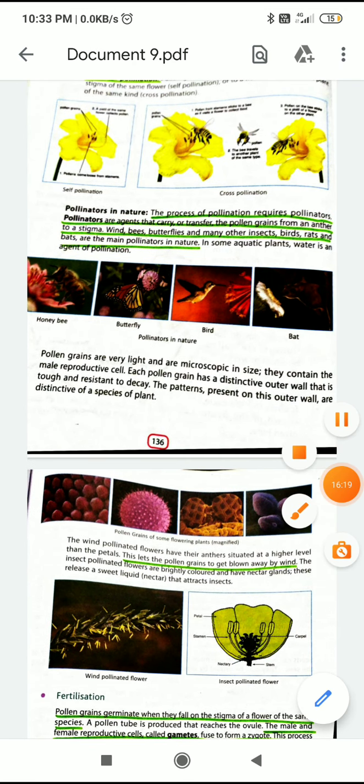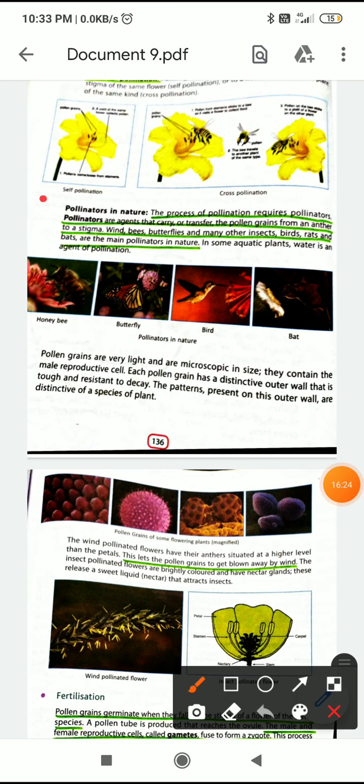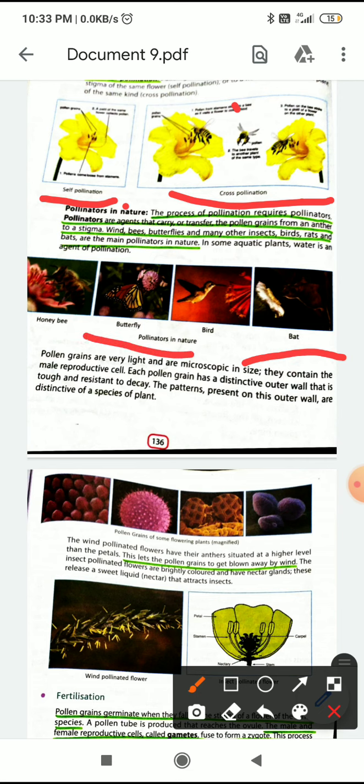So these structures you must draw in your notebook. You will put the heading about self pollination and cross pollination. On the same page you will draw the picture of self pollination and cross pollination. On the next plain page of your practical notebook, put the heading pollinators in nature.